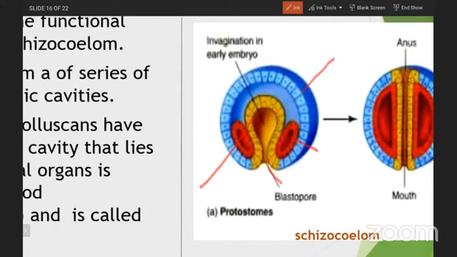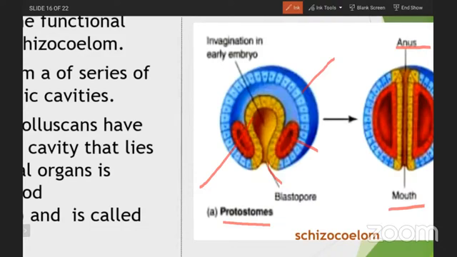And here one more word is there, that is protostomes. In protostomes, the mouth forms first and then onwards the anus will form. In this picture, you have to observe the ectoderm, endoderm, and mesoderm, which has a pouch-like structure.